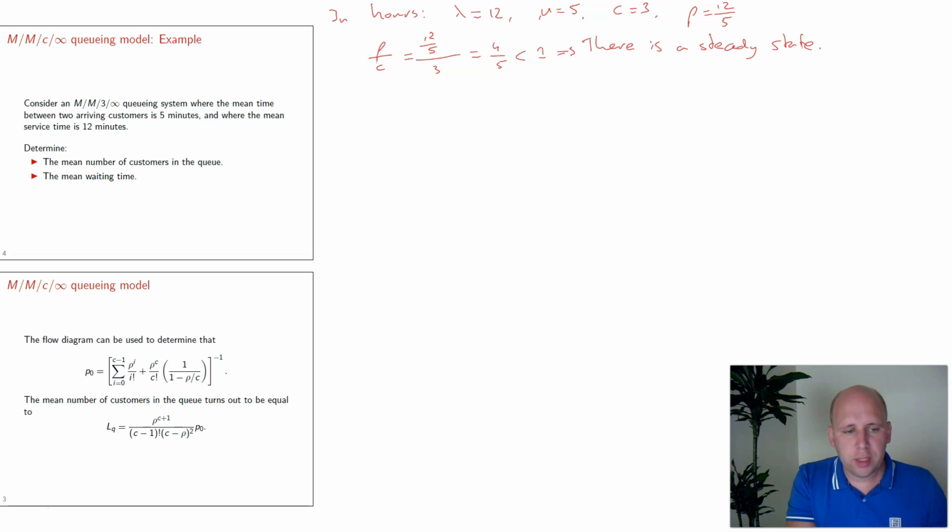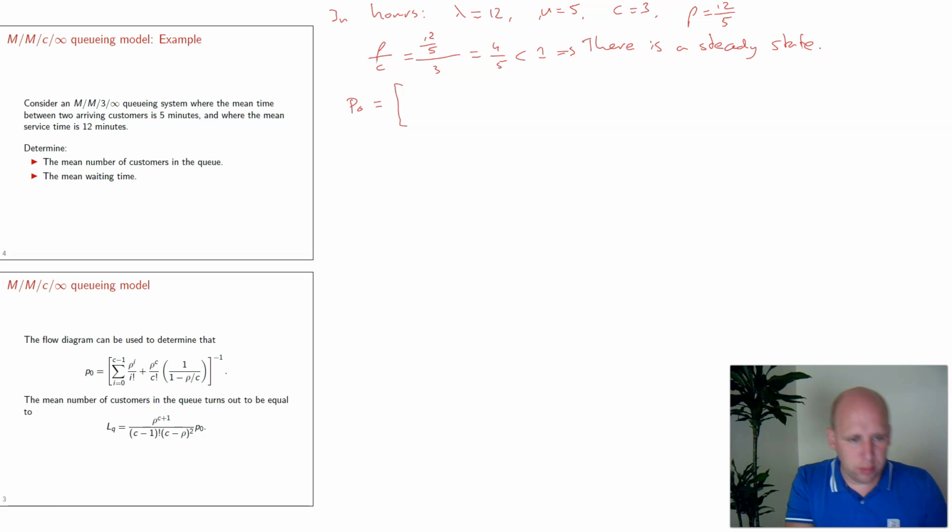Then the first thing that we can do is calculate P0, and based on that we can calculate LQ. So in order to calculate LQ we need P0. For P0, we have the formula on slide 3, and then we can plug in everything. We start with the summation. We sum from i is 0 to C minus 1. C is 3, so i has values 0, 1 and 2.